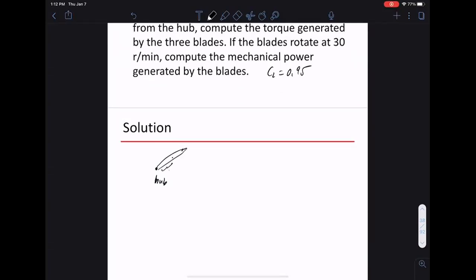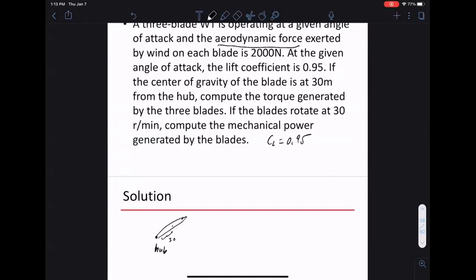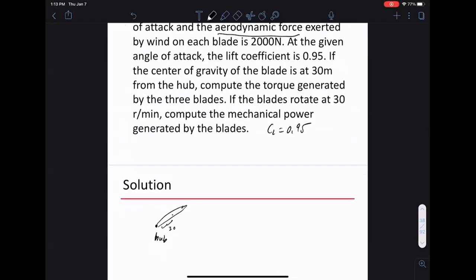The center of this is 30 meters. And we know the total force on this is 2,000 newtons. We want to figure out how much torque and how much mechanical power is being generated by this blade.